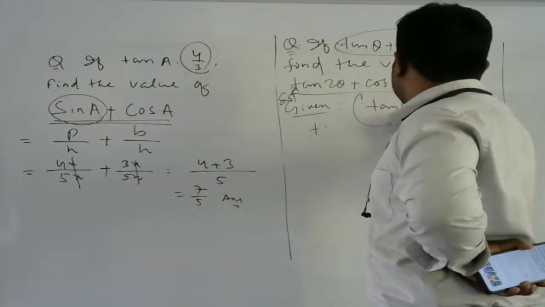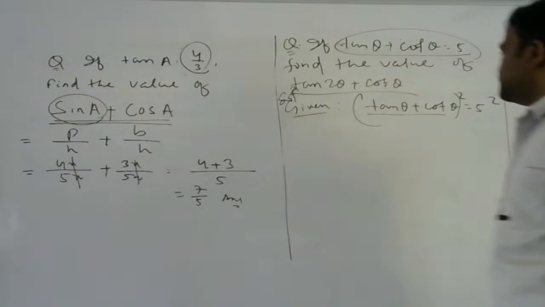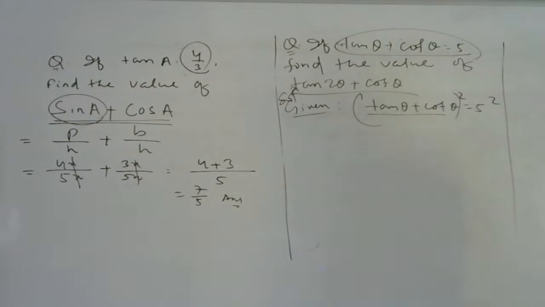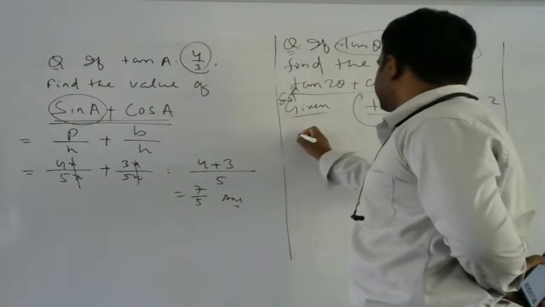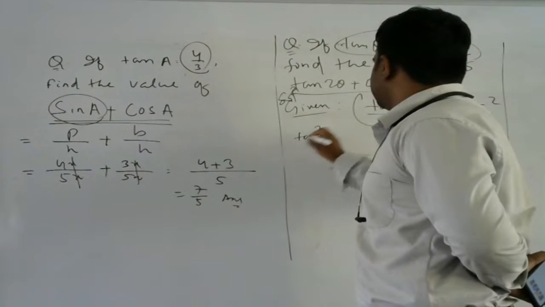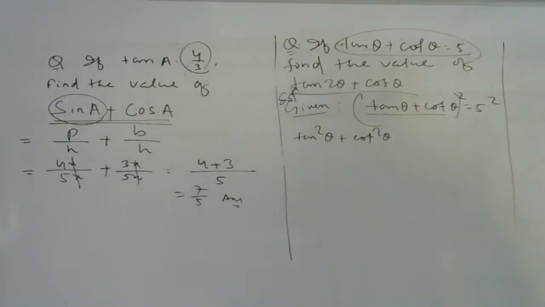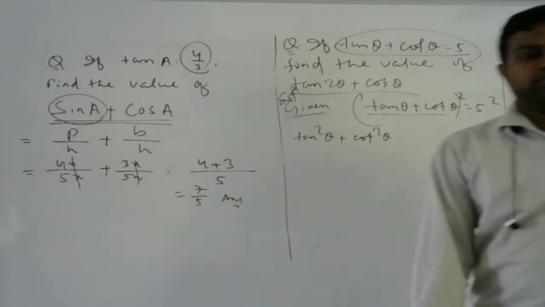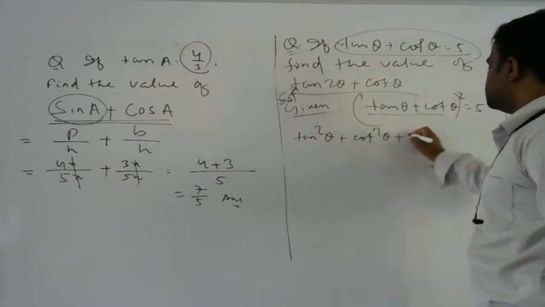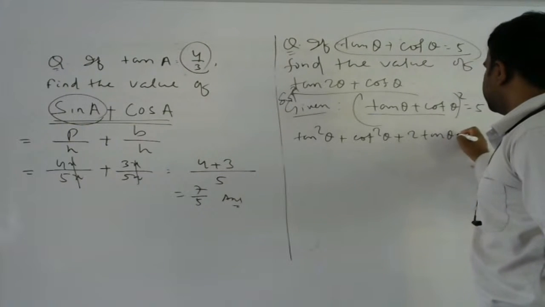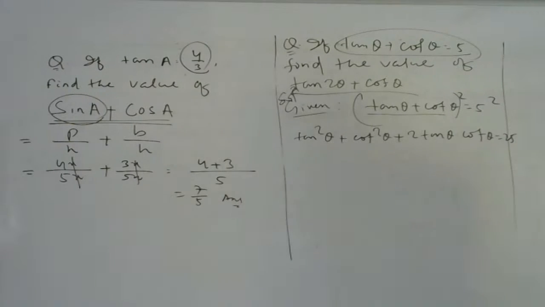So squaring both sides, what will we get? Using a plus b whole square, tan theta plus cot theta whole square gives tan square theta plus cot square theta plus 2 tan theta cot theta equals 25, since 5 square is 25. A plus b whole square is a square plus 2ab plus b square.